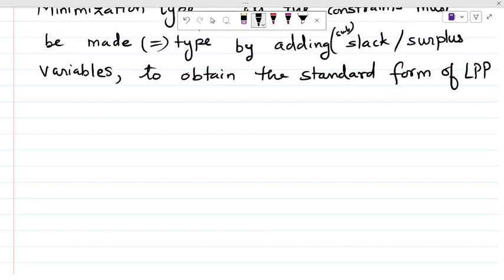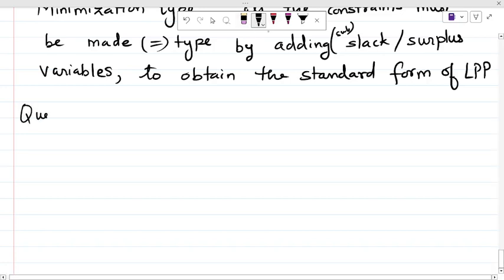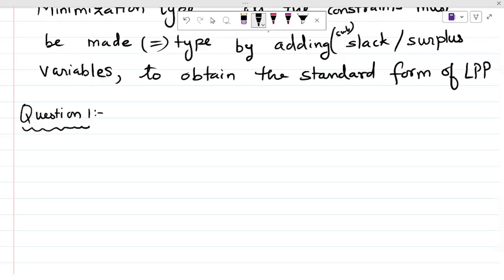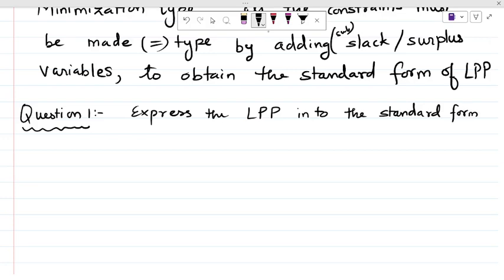So the first question is, let's say: express the LPP into the standard form. Okay, so let us see what will happen in the standard form.